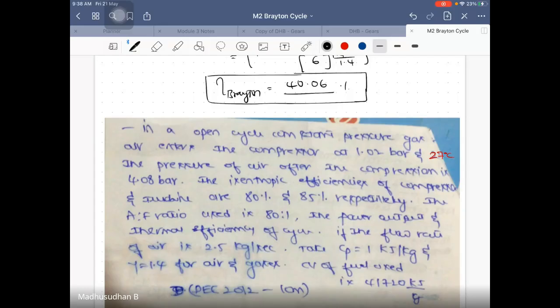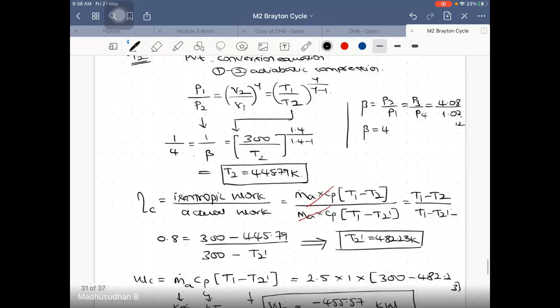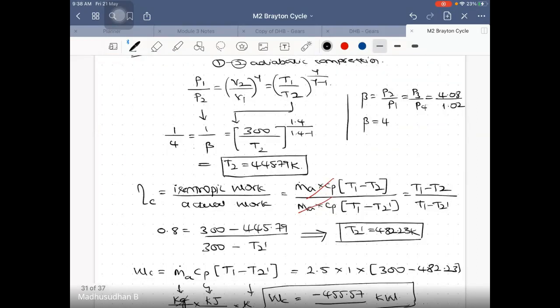What is T3? Temperature at the third state after heat addition. Do I have the value of T3?